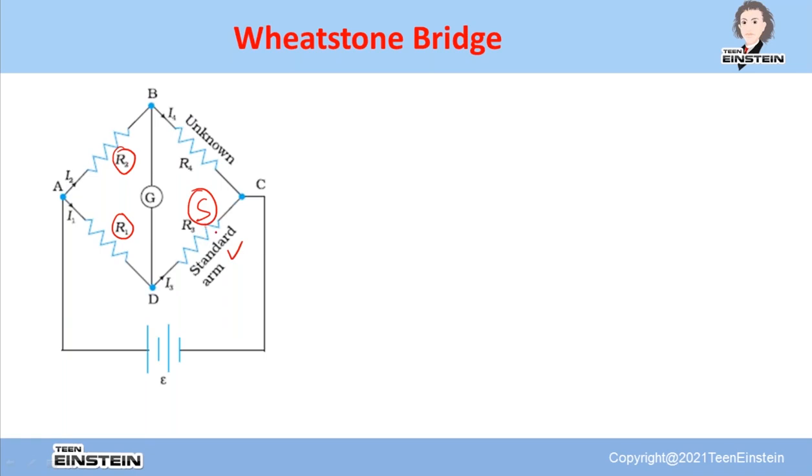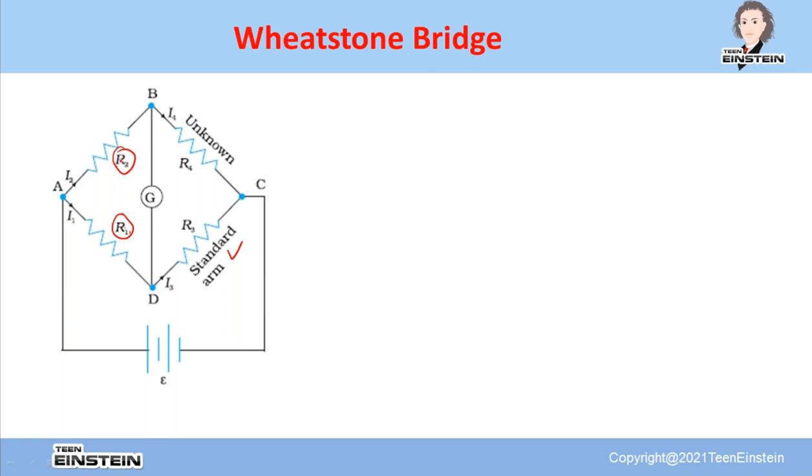This R3 is sometimes written as S, that means standard resistance, and this standard resistance can be varied. R4 is also a fixed resistance, but it is unknown, we don't know what the value is. So I have to find out the value of R4 with the help of this bridge.